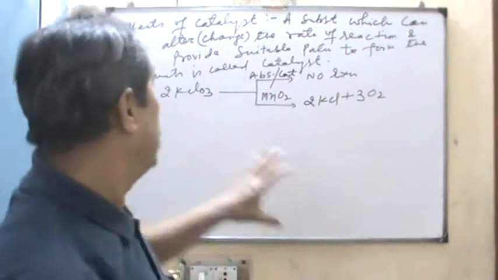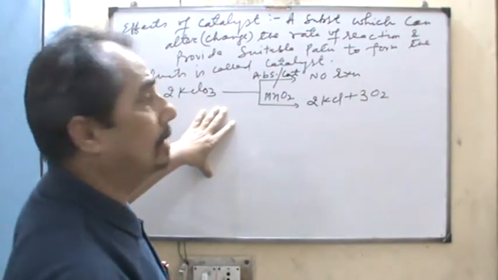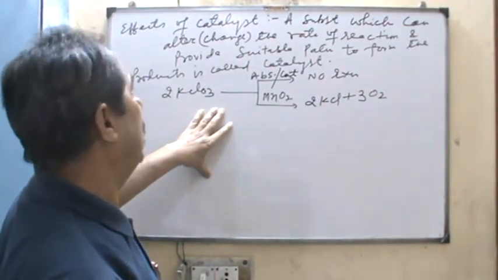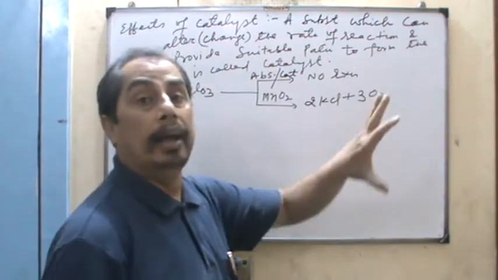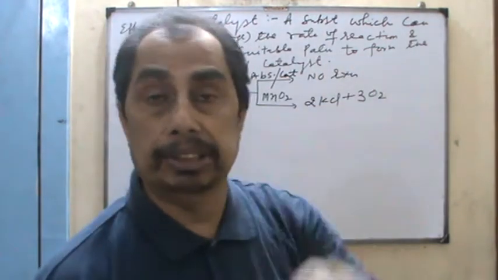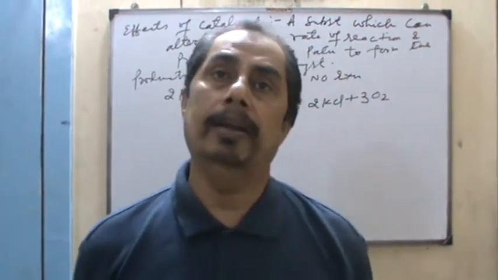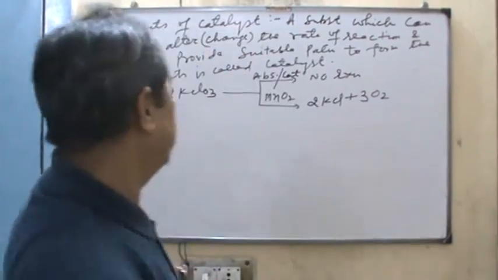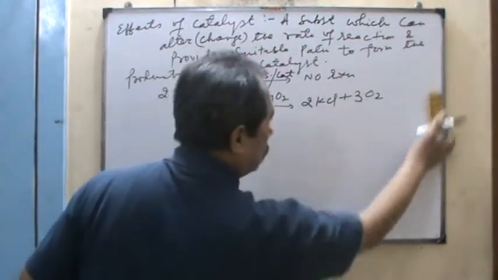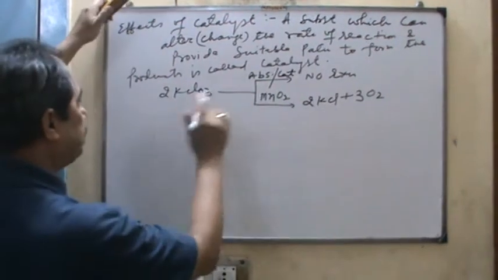Before that, catalyst is a chemical substance which can alter the rate of reaction and provide a suitable path, and catalyst remains unchanged during the course of chemical reaction. So dear students, what is the role of the catalyst on the rate of reaction?